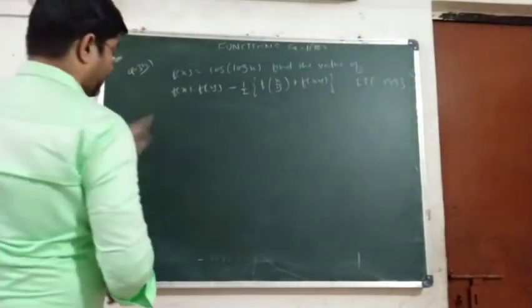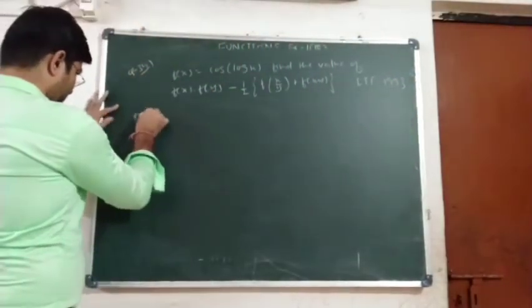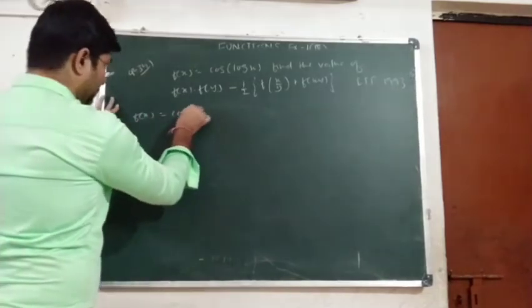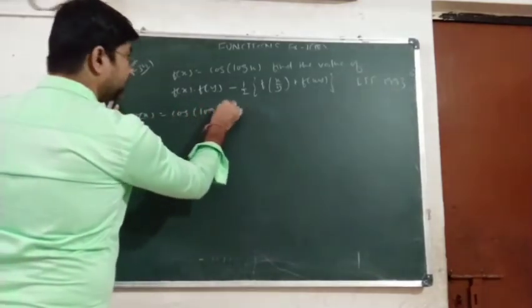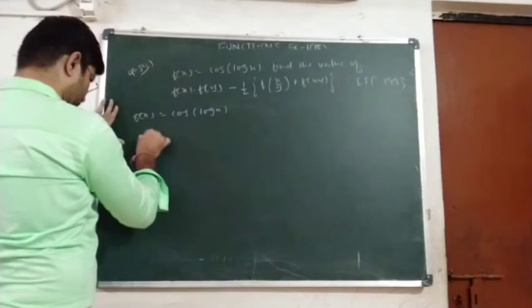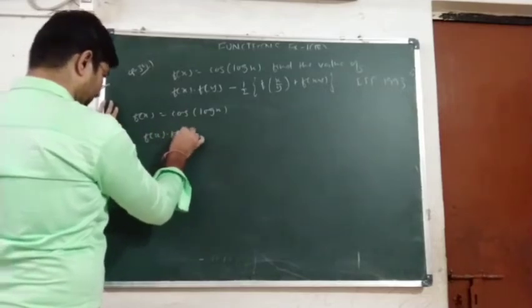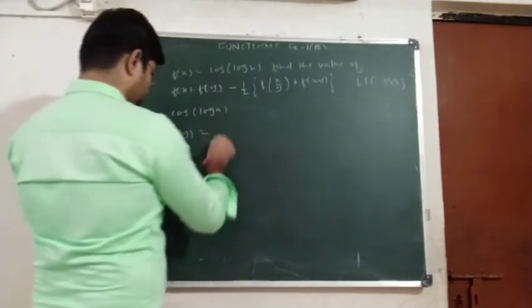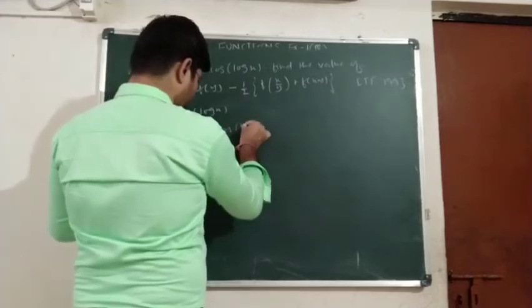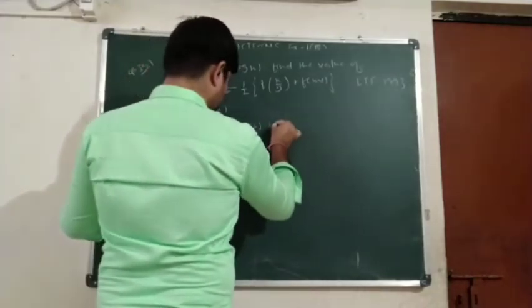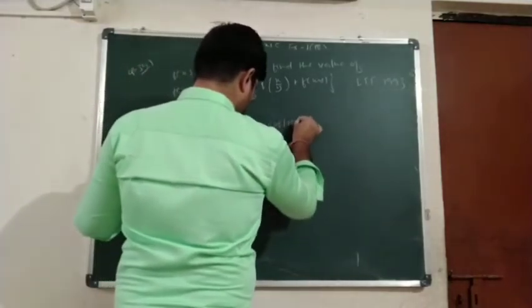Okay, the function f of x is given as cos of log x. Let us find out f of x into f of y. So that will be equal to cos of log x into cos of log y.